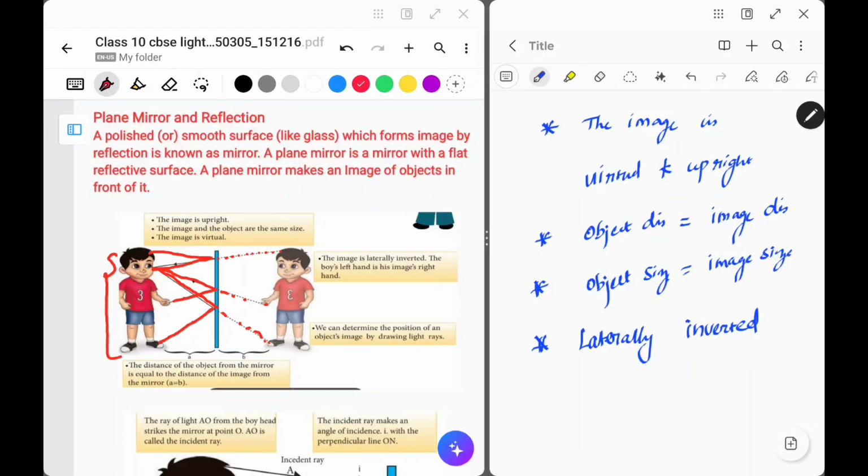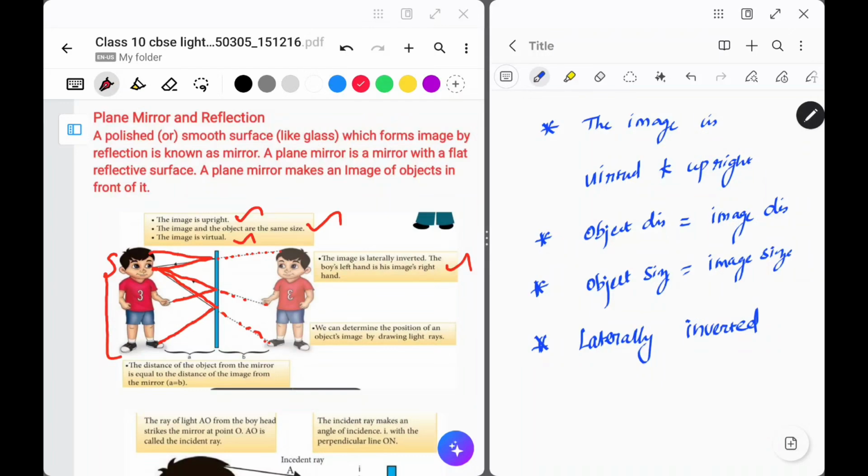The first thing I told you, the image will always be upright, okay? The object and the image will be the same size. The image is virtual, okay? Can you see this? The image is laterally inverted, okay? Whenever you stand in front of a mirror, our right hand will look like a left hand and the left hand will look like a right hand.